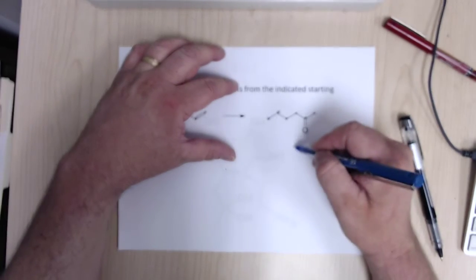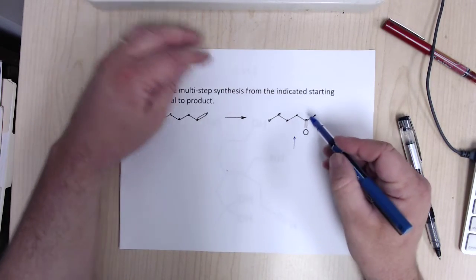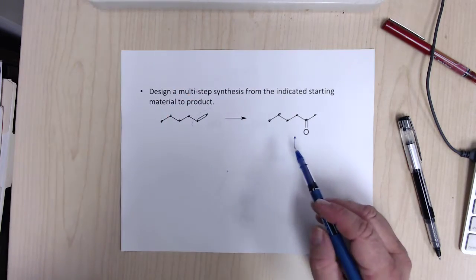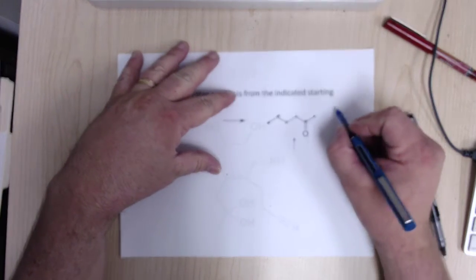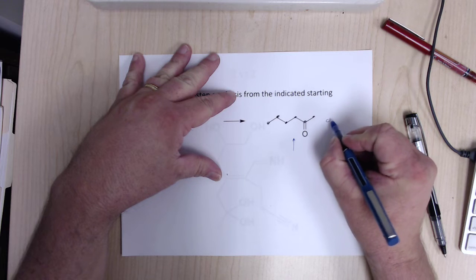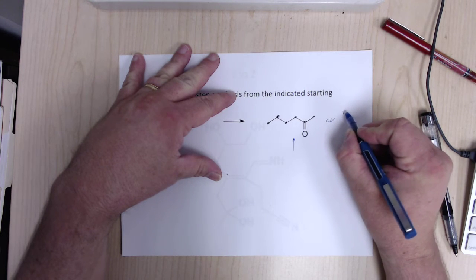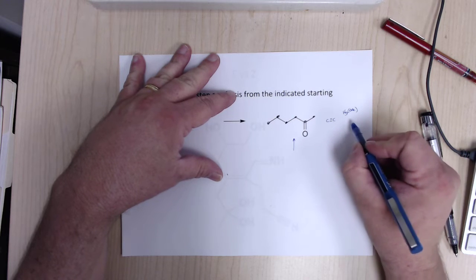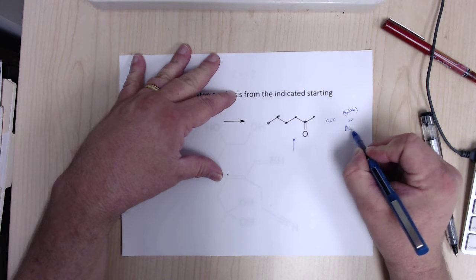So the other way that we could do this would be if we were to take a triple bond and either do oxymercuration or the hydroboration.